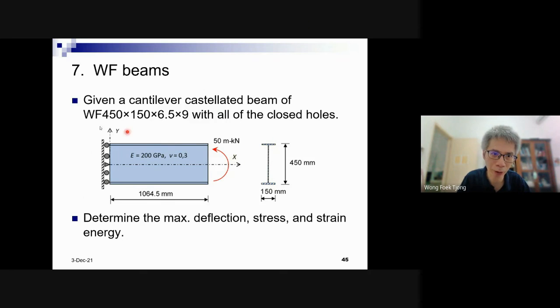For example, for this wide flange 450 by 150, it means 150, 150. This is the web, right? 6.5. The thickness of the flange 9. Well, this is the thickness of the flange. The thickness of the web. For the flange, we use 150, the thickness of the model.